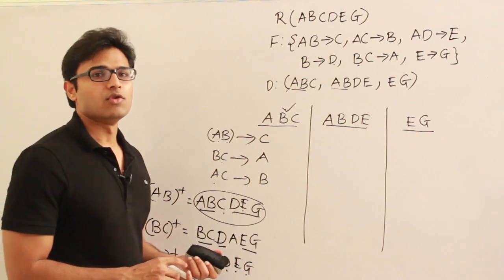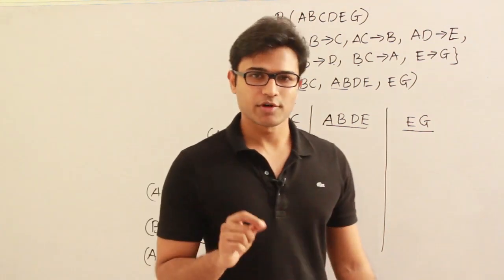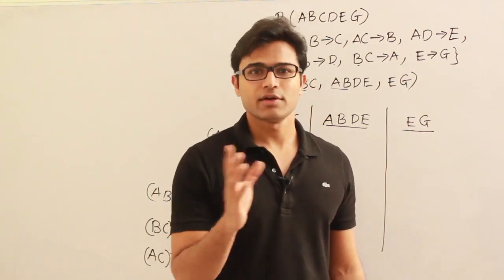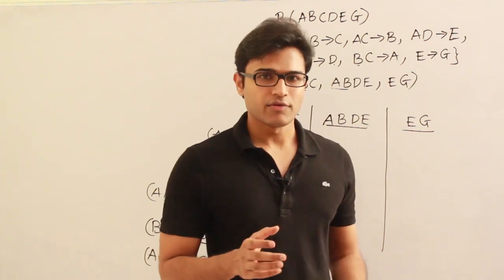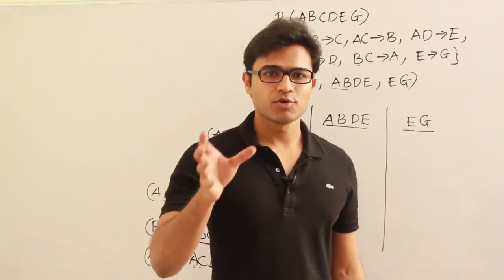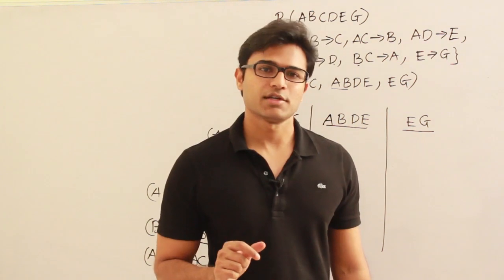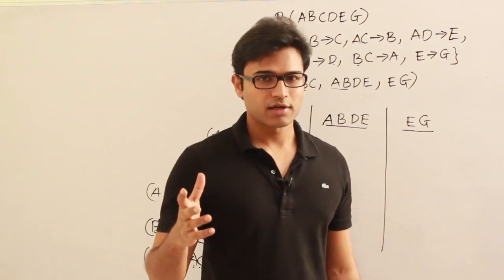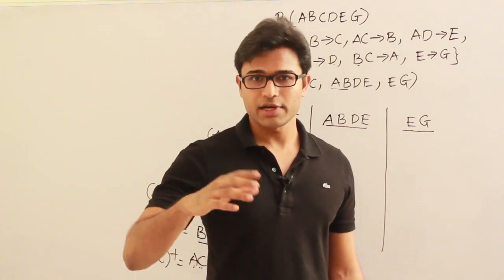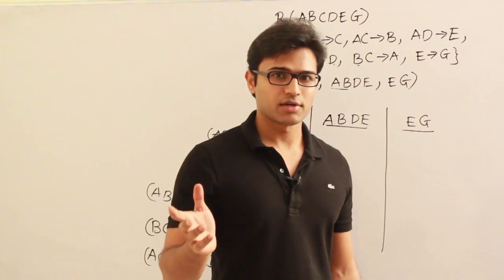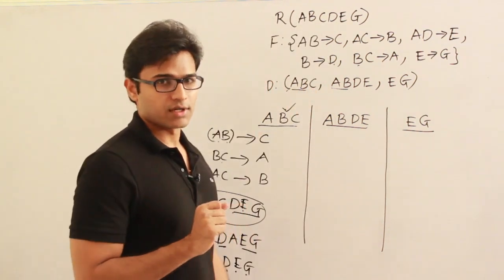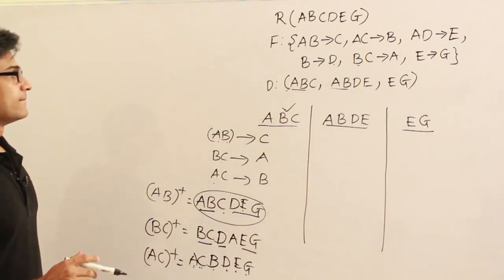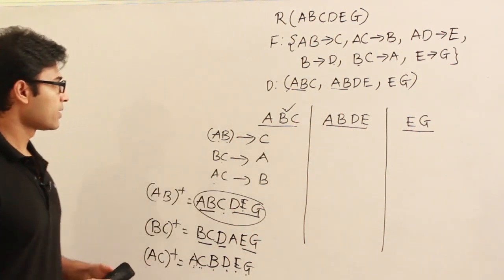Remember this, no non-trivial dependency will be possible with all the attributes on the left hand side of any table. If a table is having n attributes, you cannot put all the n attributes on the left hand side of a functional dependency and get a non-trivial dependency, because the right hand side will form a part of it, right? Therefore it is going to be trivial. Now about this, see this.